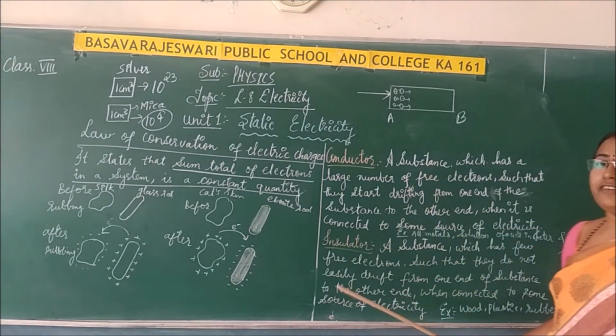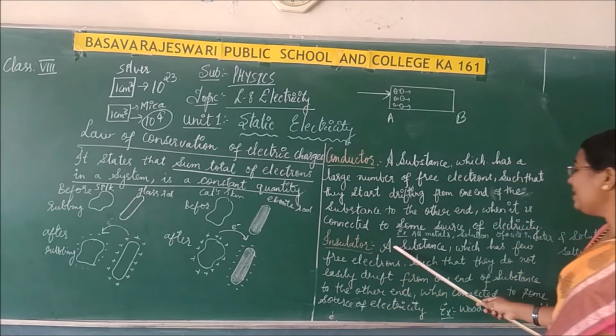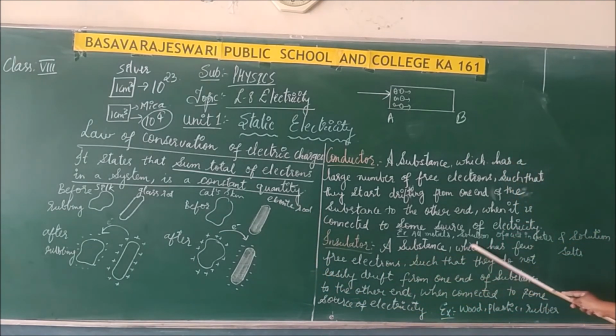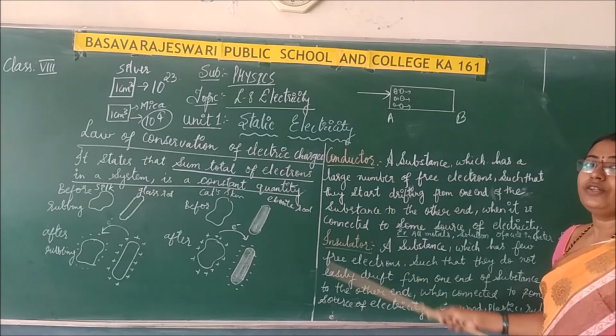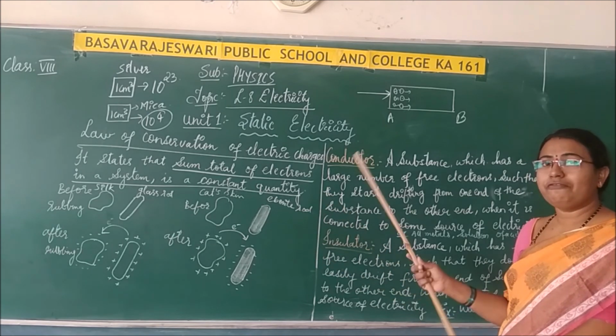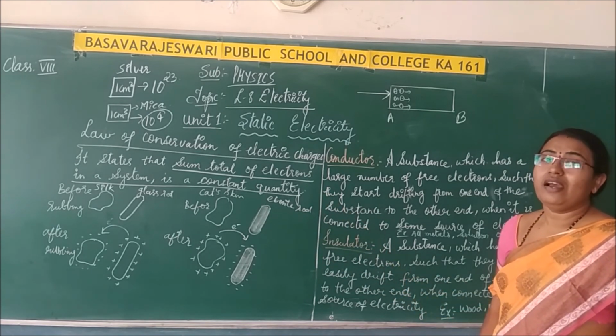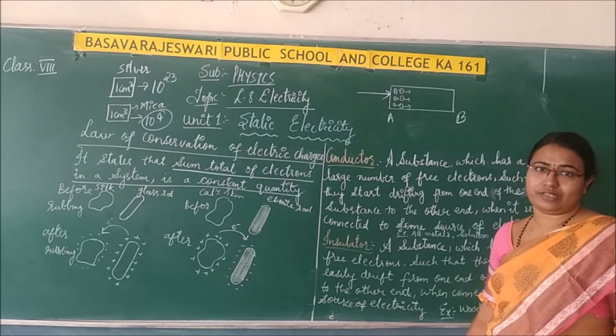And in the same way, insulator. It is just opposite to that. A substance which has few free electrons. In the insulators, generally the number of free electrons will be very less. Even there the electrons will start moving from one end to another end, but it will be very less number of electrons.